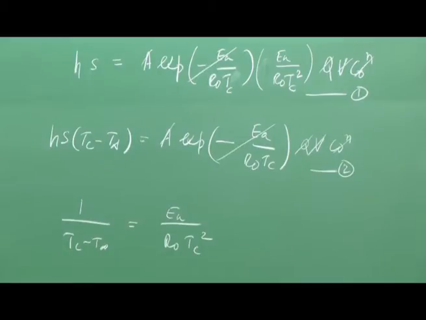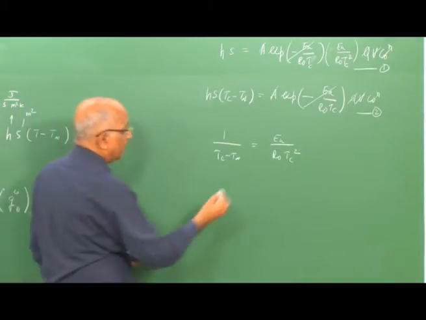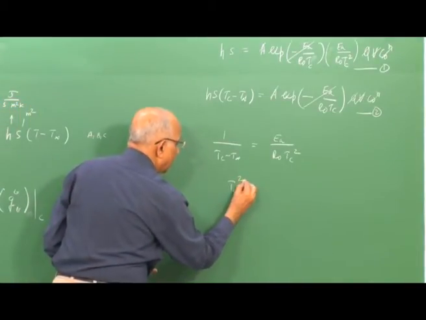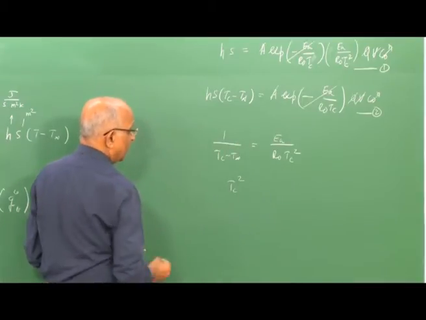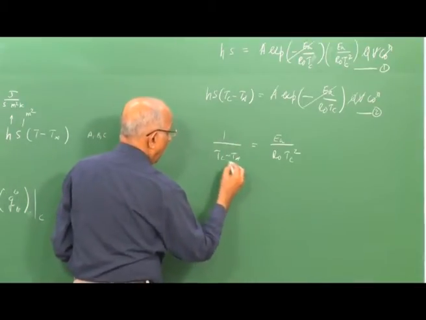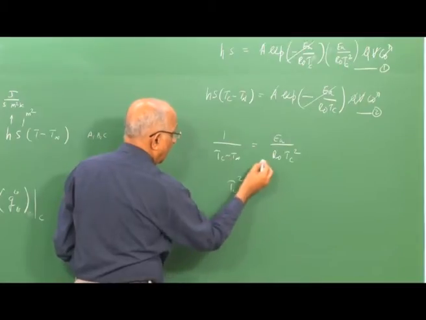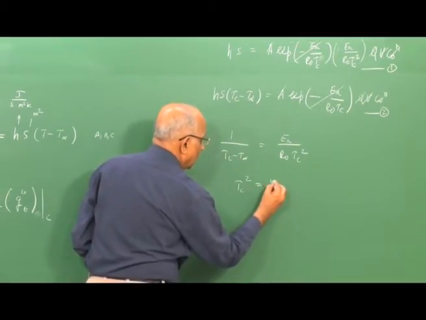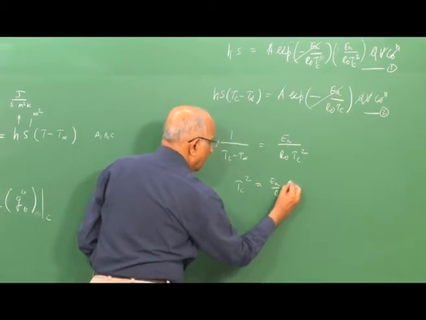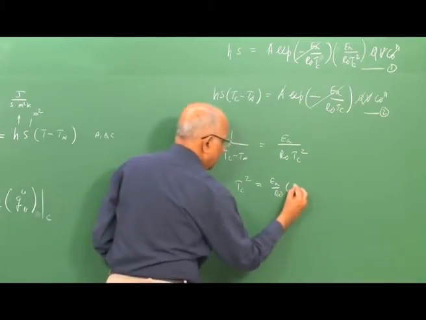Simplifying, I bring Tc square to this side, and Tc square is equal to EA by R0 into (Tc minus T ambient).